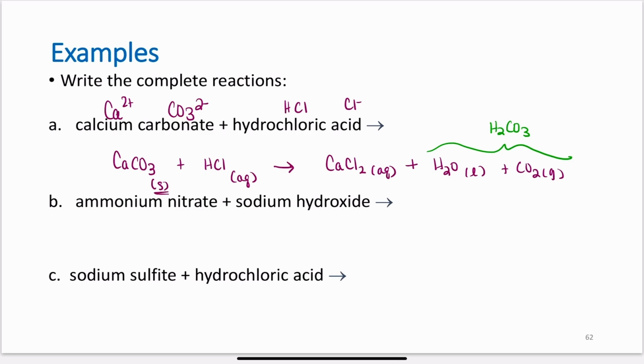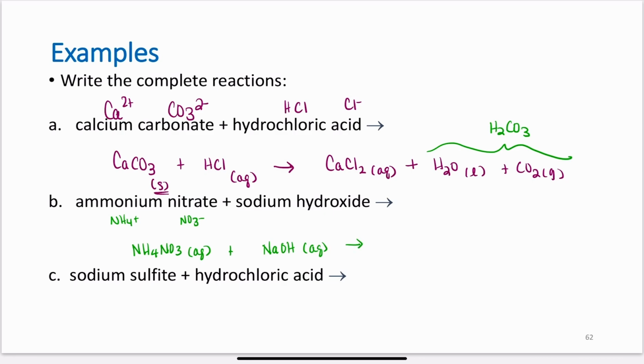What if I have ammonium nitrate and sodium hydroxide? Ammonium, NH4+, nitrate, NO3 minus. So I get NH4NO3. Now that is completely soluble. Sodium hydroxide, Na+ and OH minus. So NaOH is also completely soluble because it is a strong base.